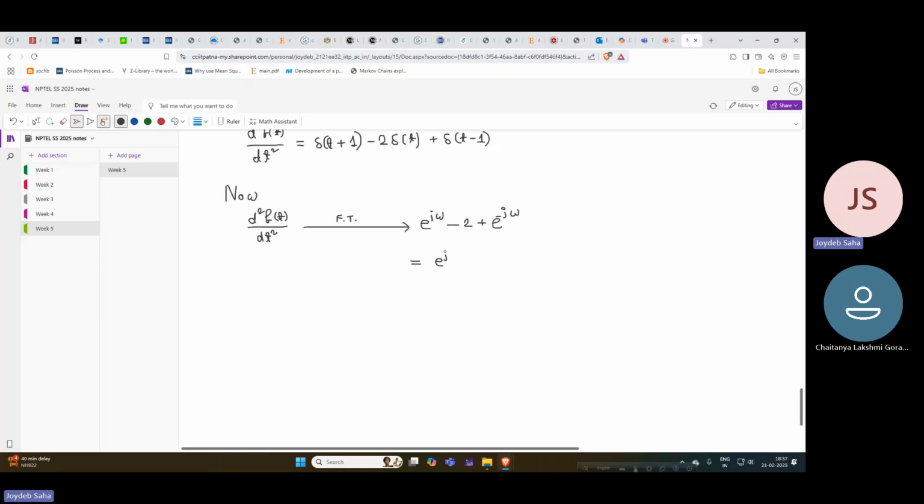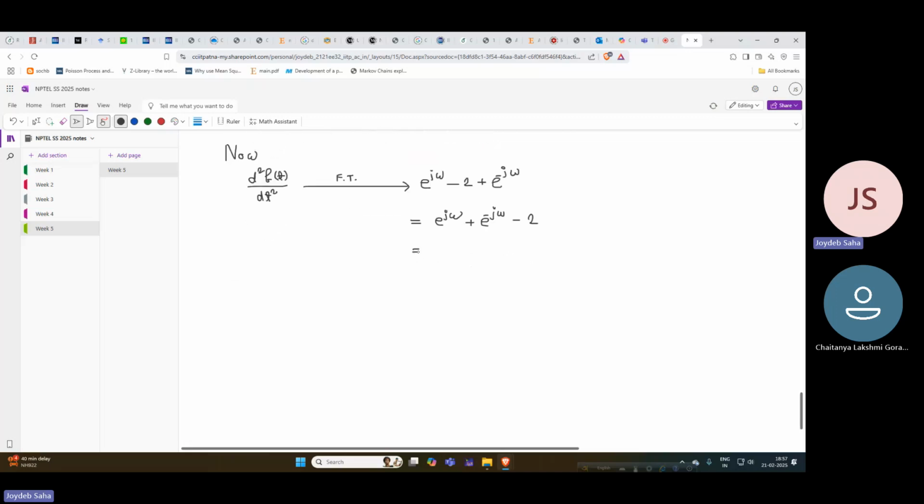Just rearrange. e to the power j omega plus e to the power minus j omega minus 2 is equal to 2 multiplied with (e to the power j omega plus e to the power minus j omega) divided by 2, minus 2.